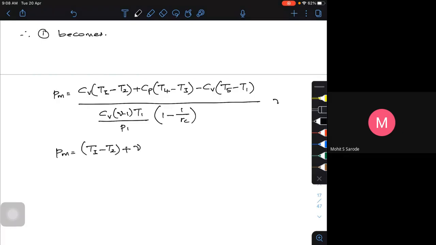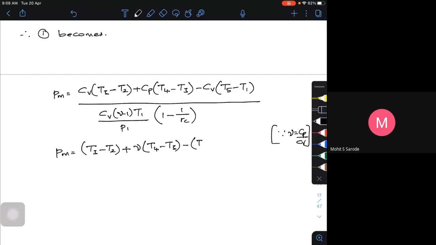We know that gamma is equal to Cp by Cv. So gamma into T4 minus T3. So Cv just cancels out.